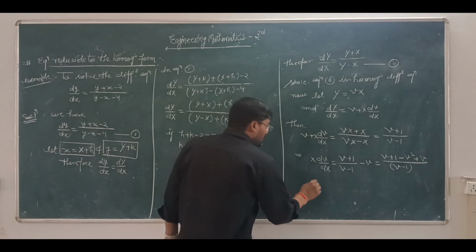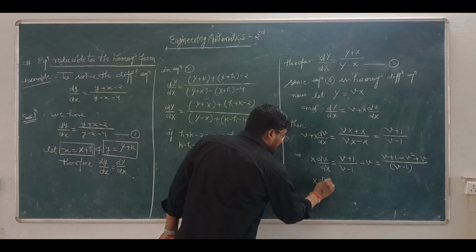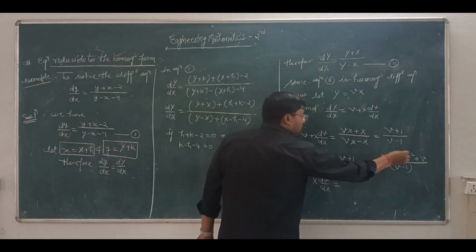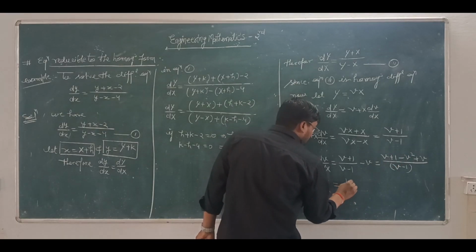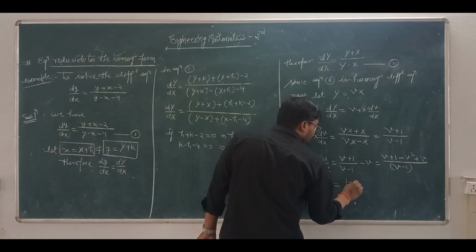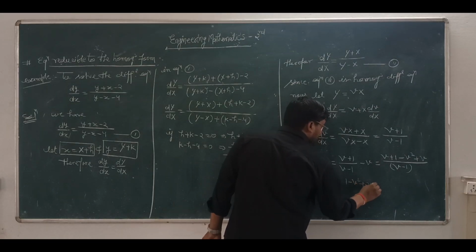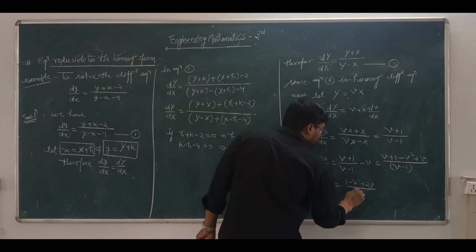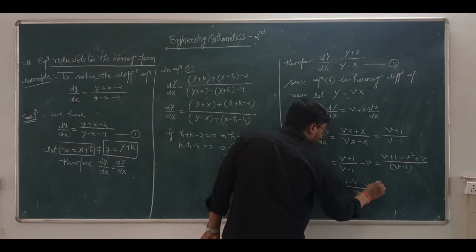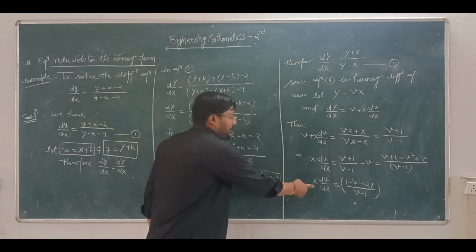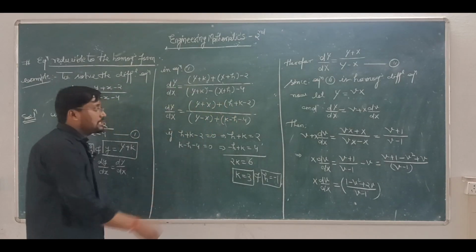Now you can write capital X dv upon dX is equal to 1 minus v square plus 2v total upon v minus 1. Now you can use the variable separation method to solve this differential equation.